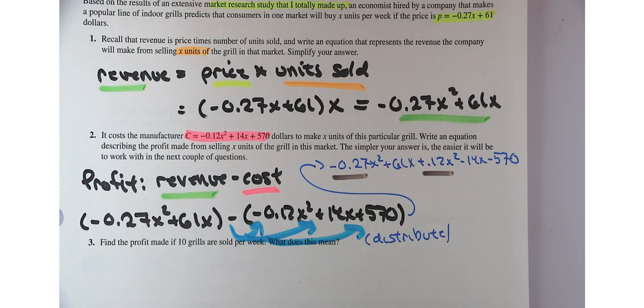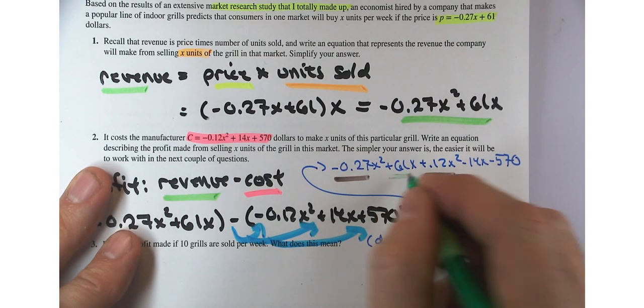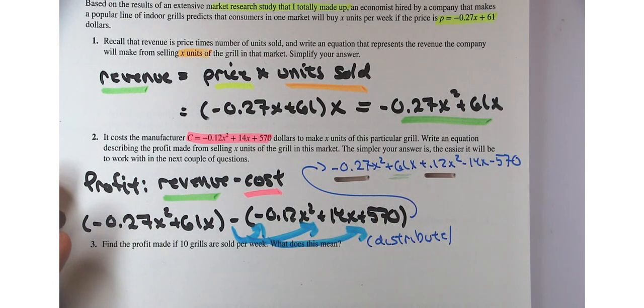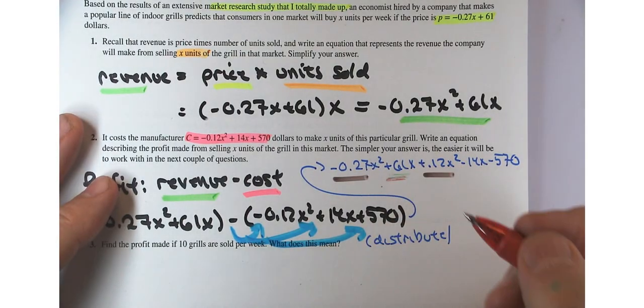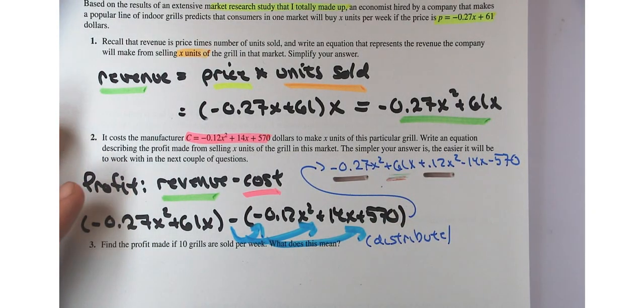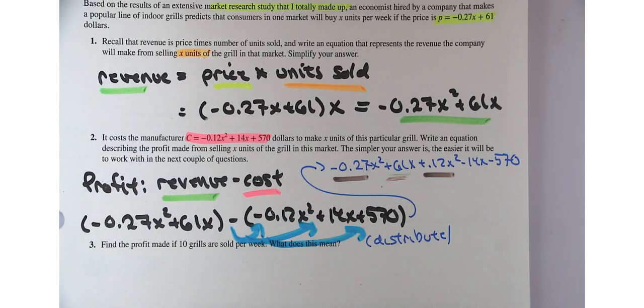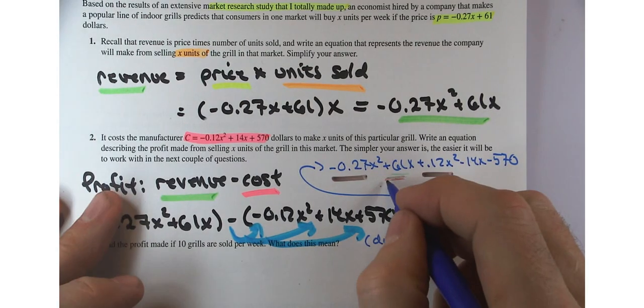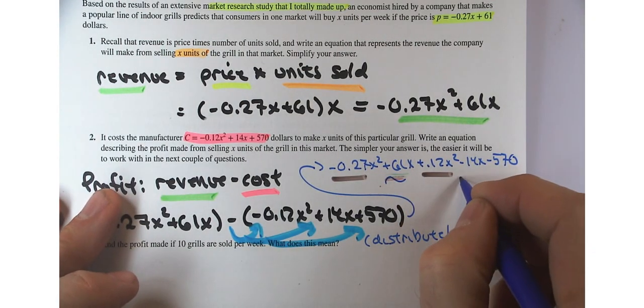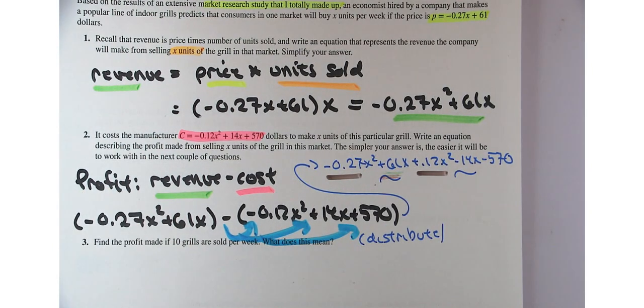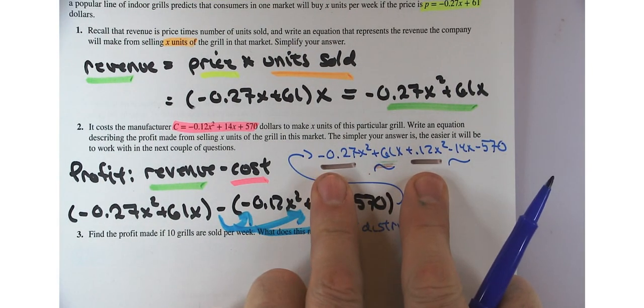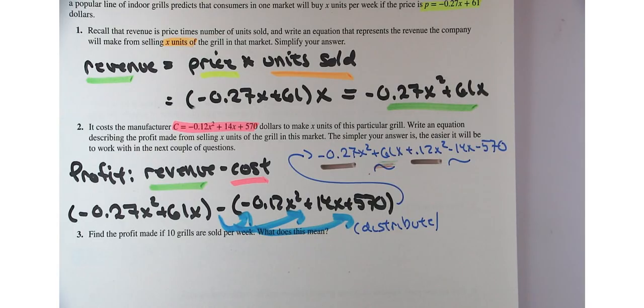Yeah, the terms in x. No, that one's not working. No, not much from that one either. All right, we'll do it this way. Put a little tilde underneath here. The terms in x squared: negative 0.27 and positive 0.12.